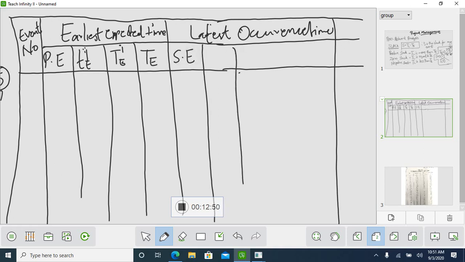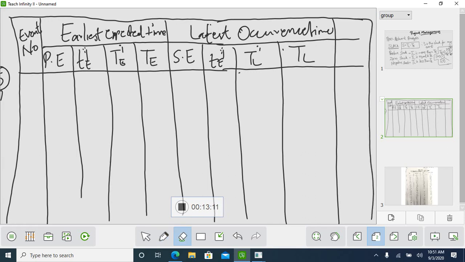Next, the formula is given. Then you will be calculating slack. For slack, what is the formula? TL minus TE. So this is the formula for slack. Now you will be doing the earliest expected time.